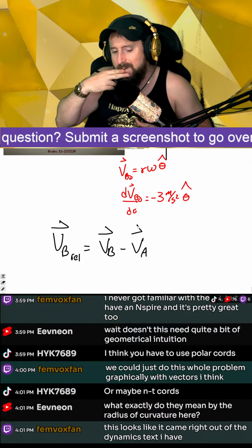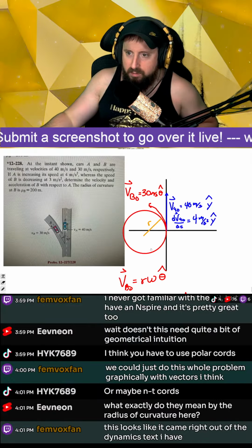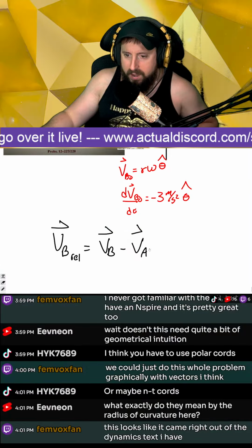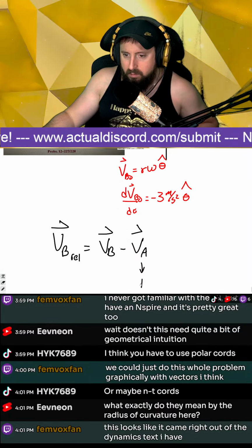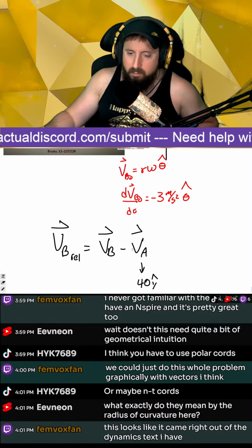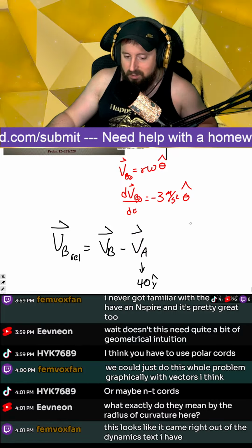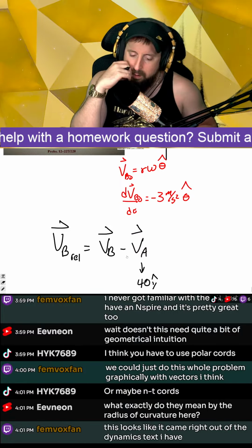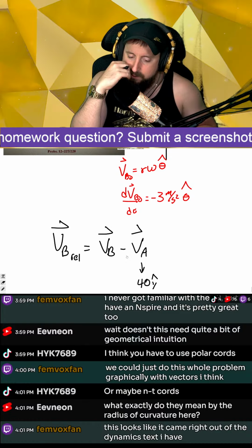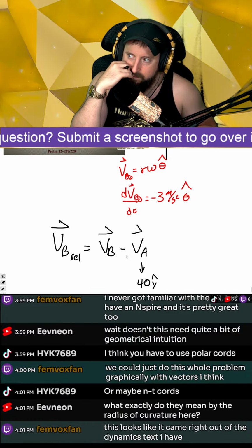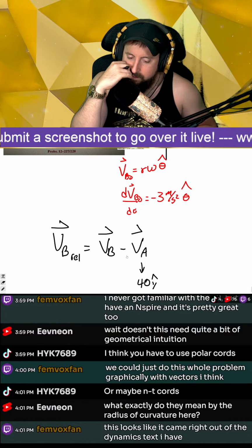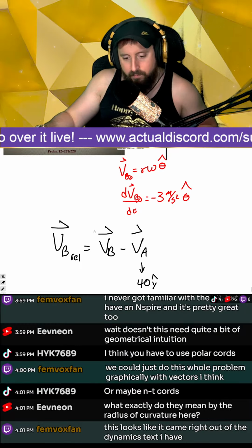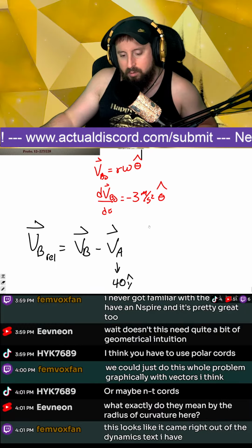This is easy because VA is 40 y hat. But then this is interesting. So I think we need to convert this from polar to Cartesian.